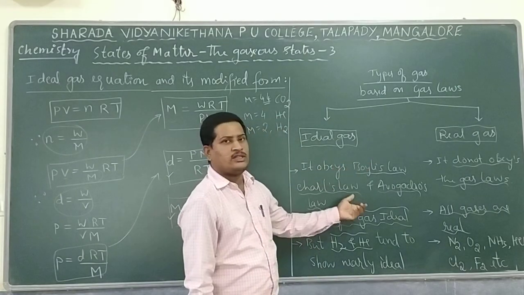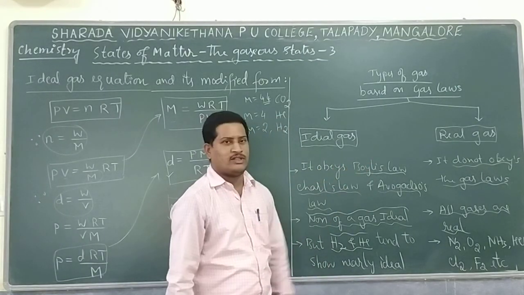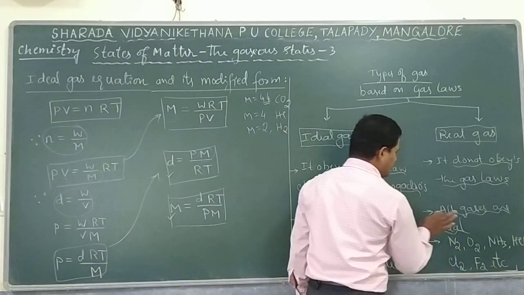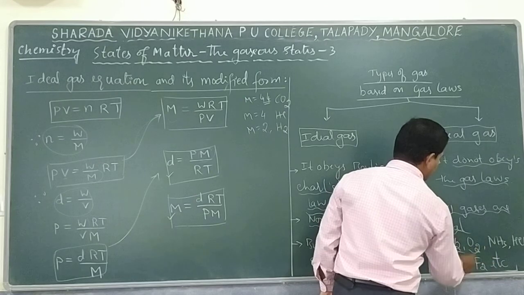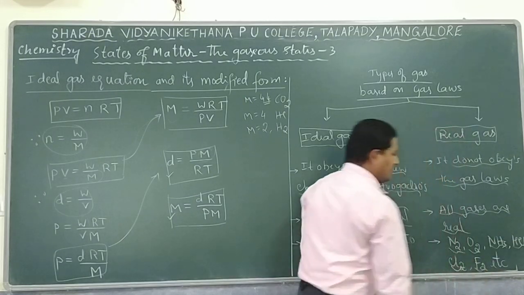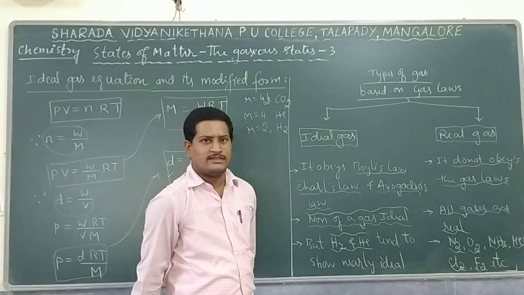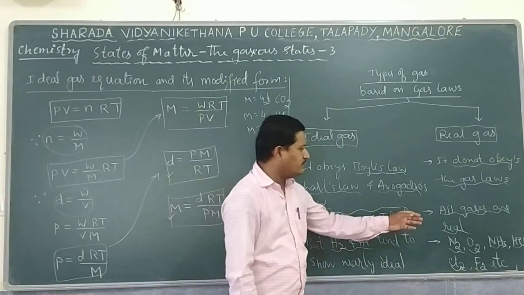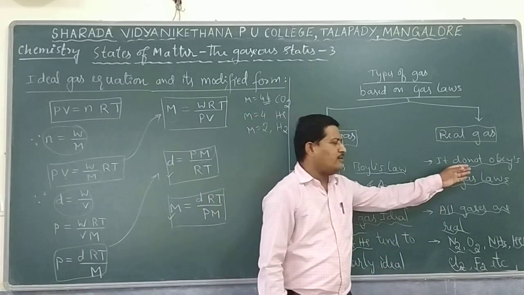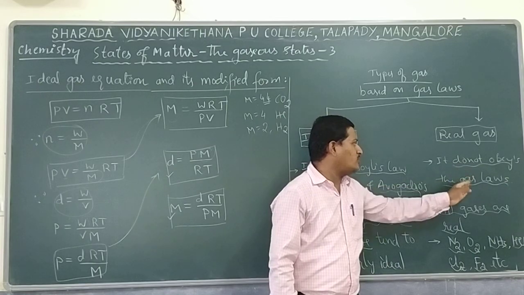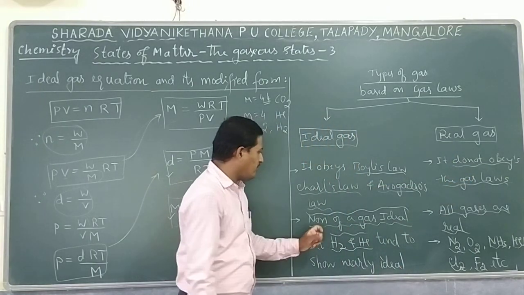It obeys all these gas laws: Boyle's law, Charles's law, Avogadro's law. But for the other gases, for example nitrogen, oxygen, ammonia, hydrochloric acid, chlorine, fluorine, and all noble gases, all are found to be real gases in nature. In the case of real gases, if one obeys one law, it will not obey another law. That means it does not obey all the gas laws. So this is a point to be noted.